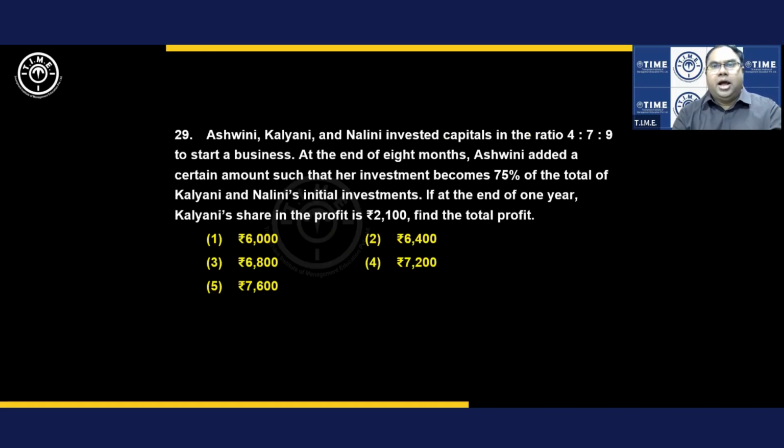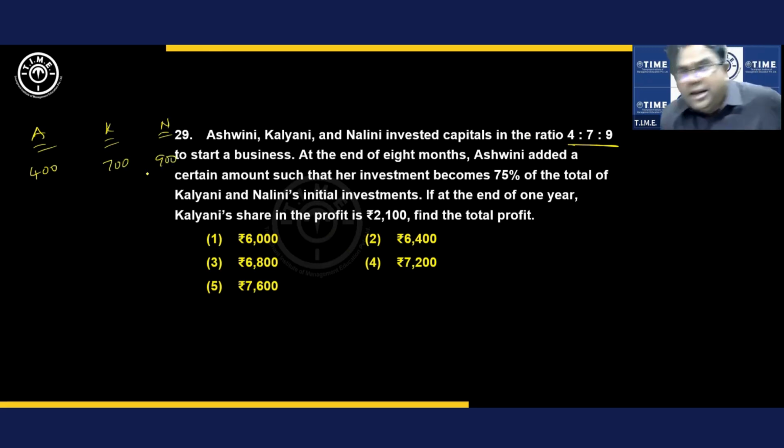29. Ashwini, Kalyani, Nalini invested capitals in the ratio 4:7:9. So 400, 700, 900. Instead of 4K, 7K, 9K, because it is in percentage, I'll take 100.